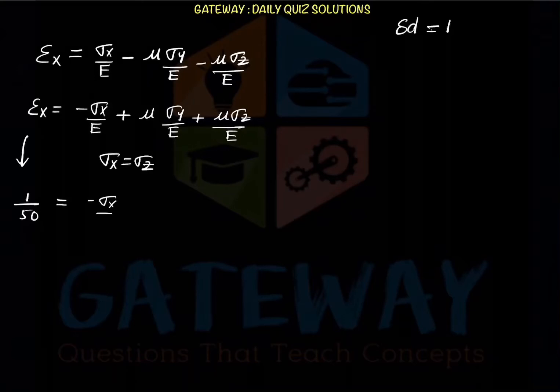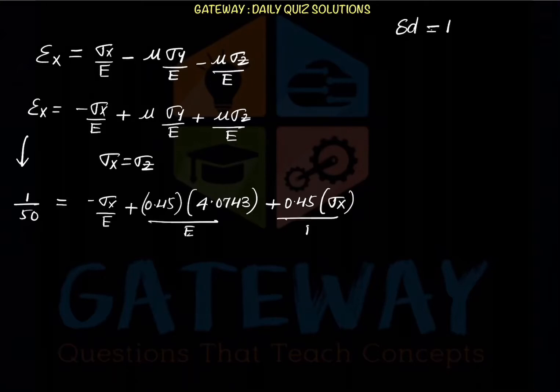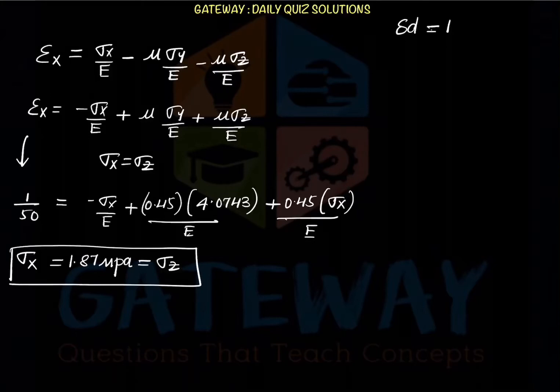So it is minus sigma X upon E plus mu is 0.45 for rubber into the sigma Y value is known, 4.0743 megapascals plus 0.45 into sigma Z is nothing but again sigma X, and here upon E, and here is also upon E. So in all the terms the unknown is sigma X, from here sigma X we will be getting the value as 1.87 megapascals, and that is nothing but equal to sigma Z. Right, sigma X and sigma Z are known.